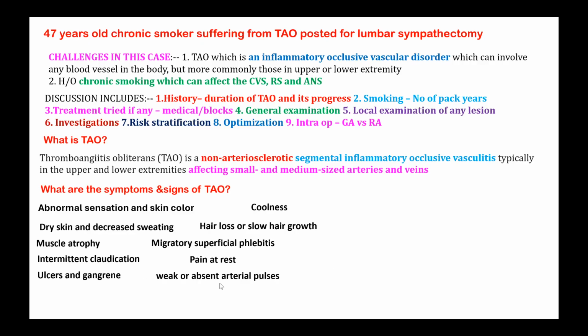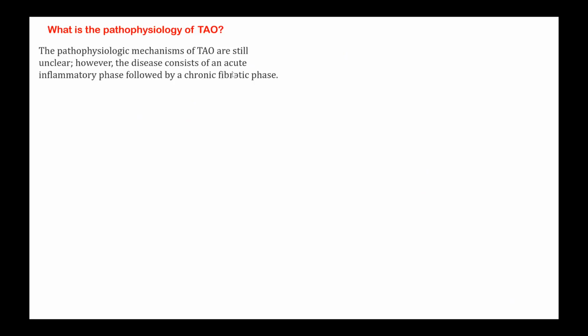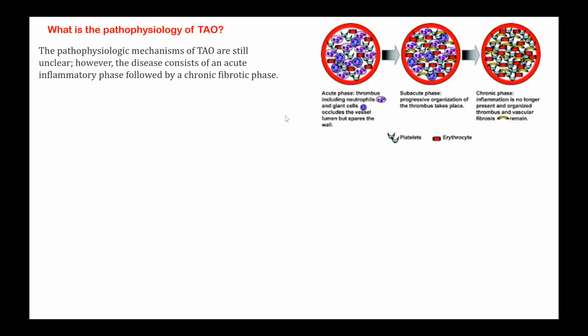And when you palpate, there are weak or absent pulses. The picture may be something like this, with affected areas tending to become ulcers. Pathophysiology is still unclear. However, the disease consists of an acute inflammatory phase followed by a chronic proliferative phase.